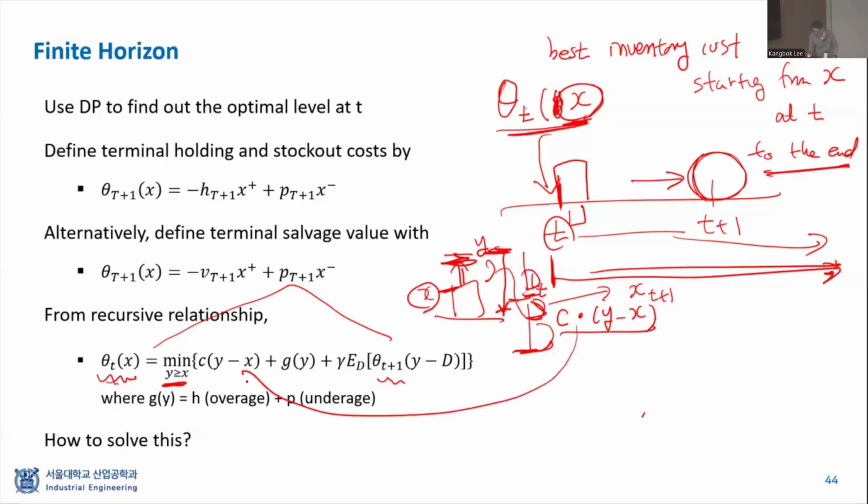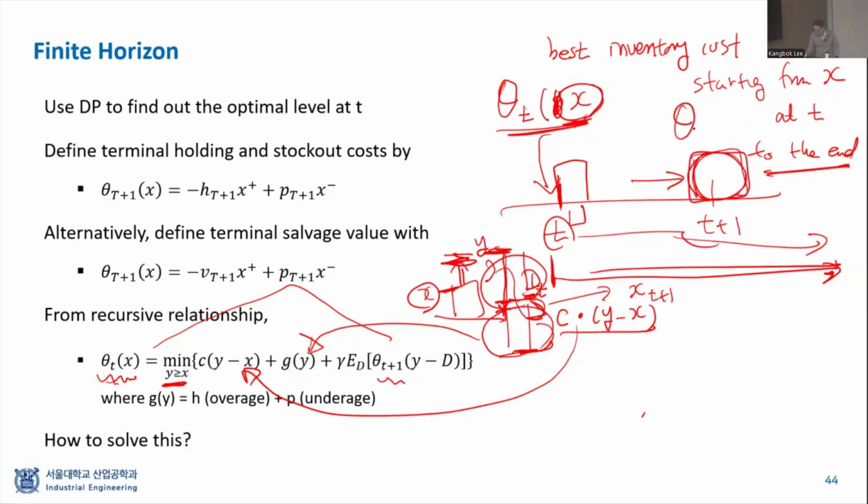So this cost must be here, right? And depending on my decision, I will have either remaining or some shortage. So the cost coming from either remaining or shortage will go to G(y), the newsvendor cost function that I have seen before. And all the other things would go to the t plus 1 time period.